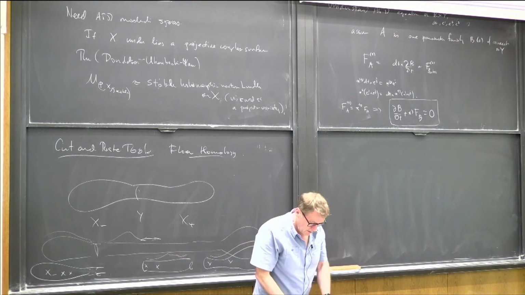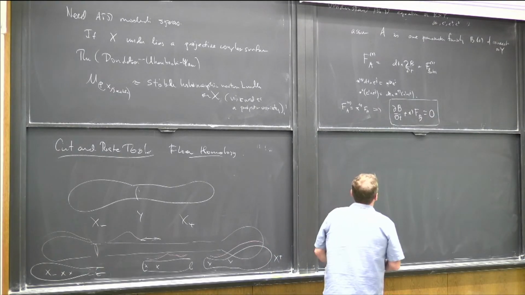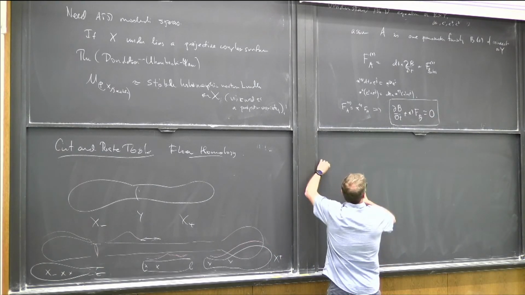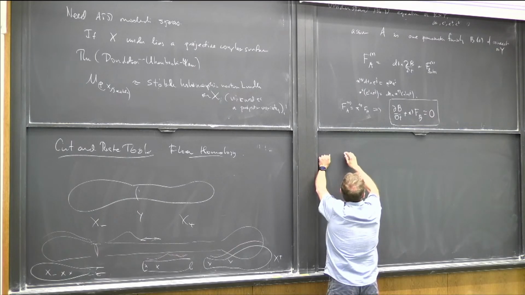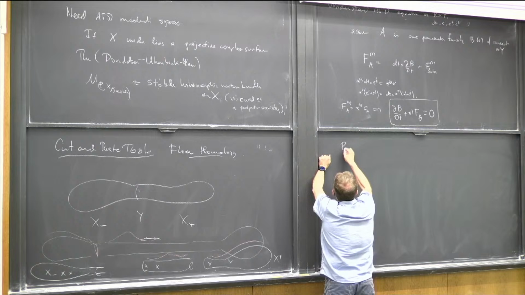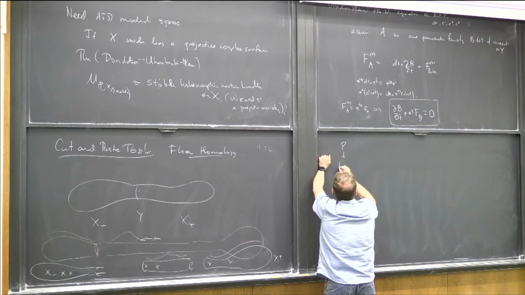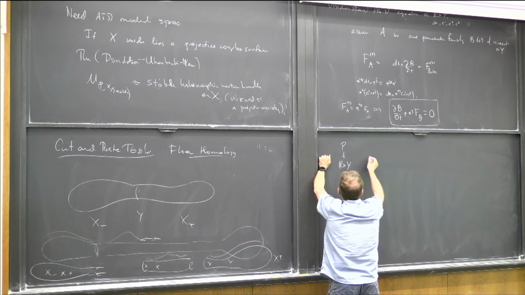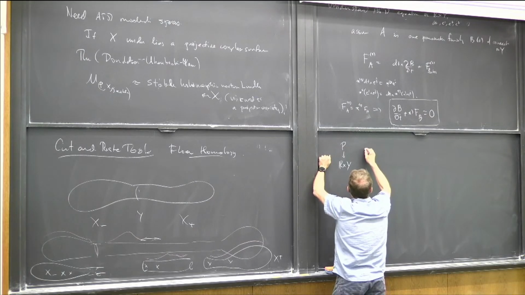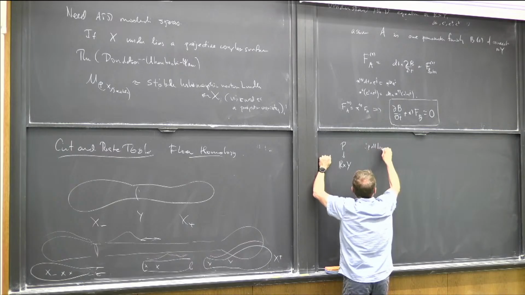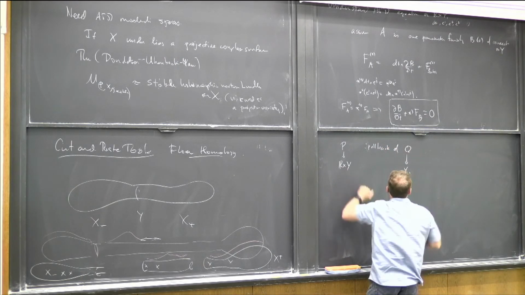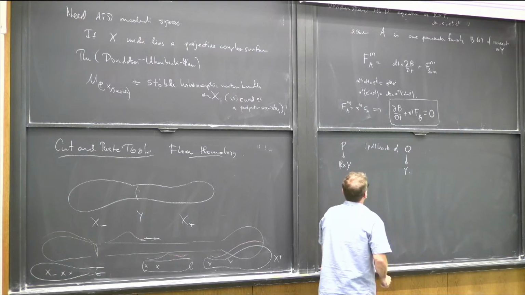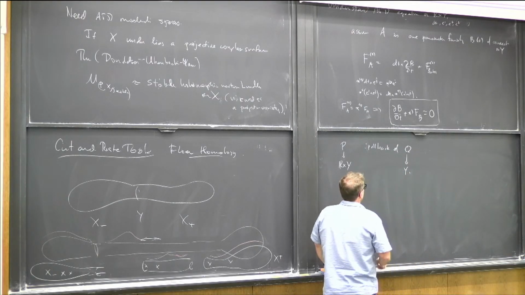So if I've got my principal bundle here, and let's say it's the pullback of some principal bundle Q over Y by the projection.